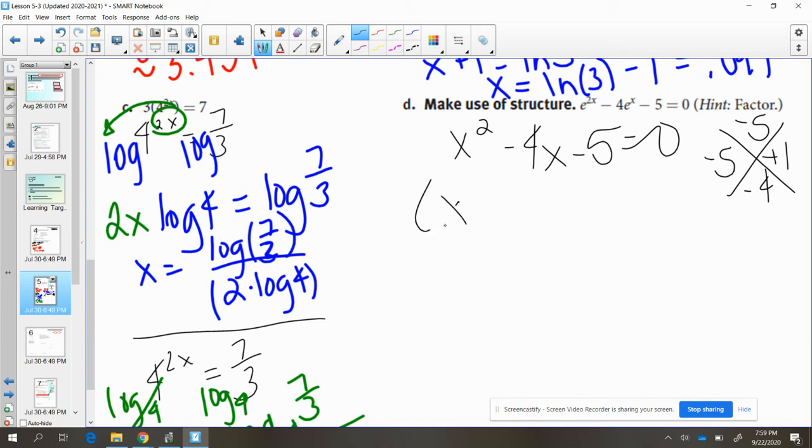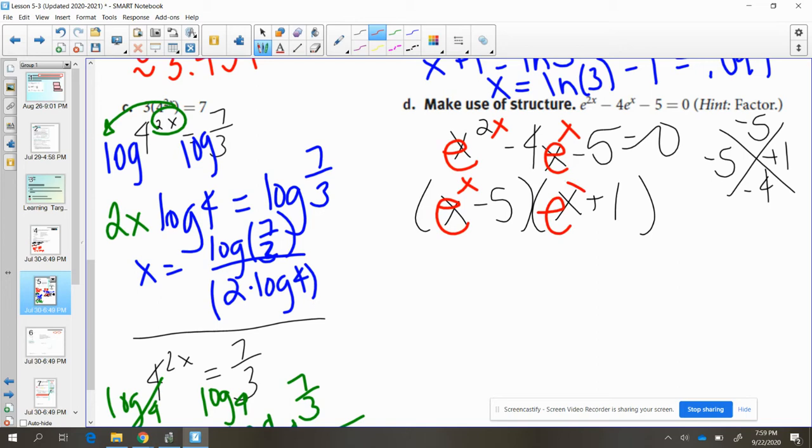We would just call this x minus 5 and x plus 1. Well, this is no different, but instead of calling this just x, we're calling it e to the x. So we're just going to replace this with e to the x and e to the x as we factor instead. So to solve them, these both equal 0.